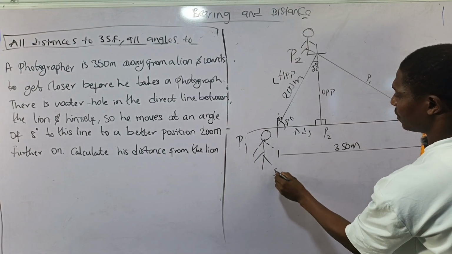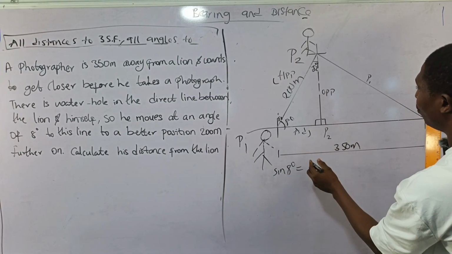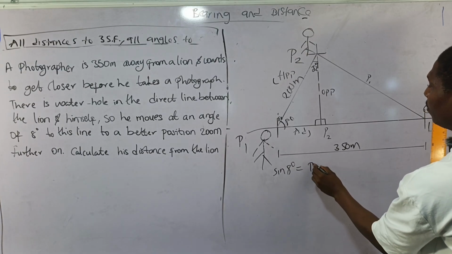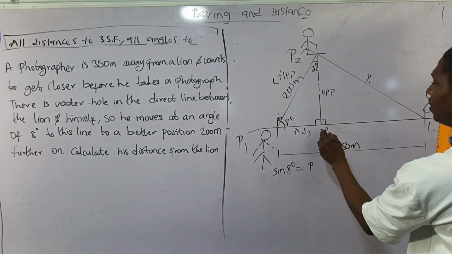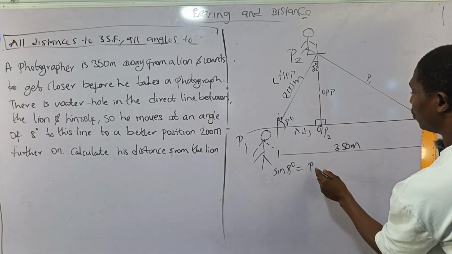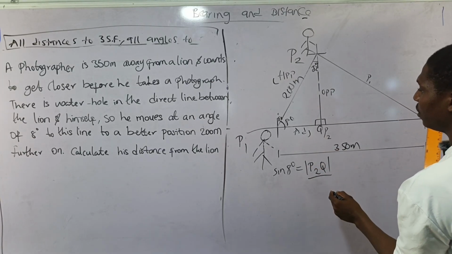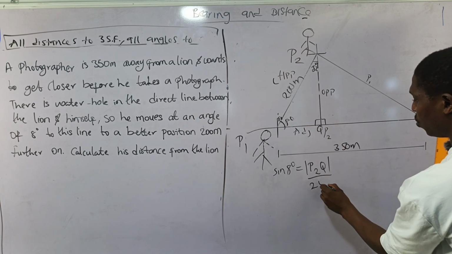So I'll have sine 8 degrees equal to my opposite, which is, let this be capital Q, this line, P2Q, all over my hypotenuse, 200.